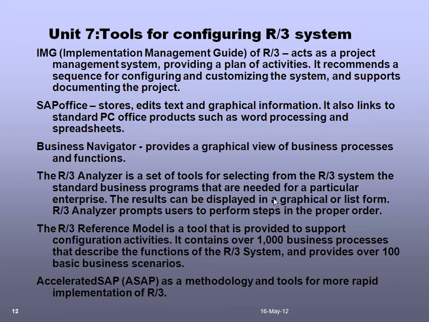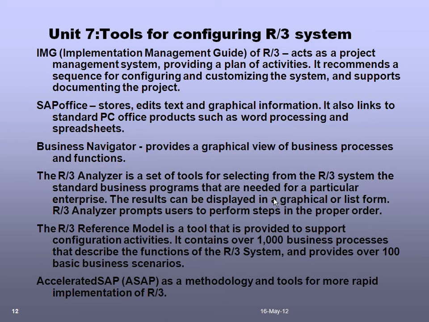Then there is something called SAP Office, which stores and edits the various documents we use for maintaining information for a project. So this is something like a project management tool, and it contains all the information.